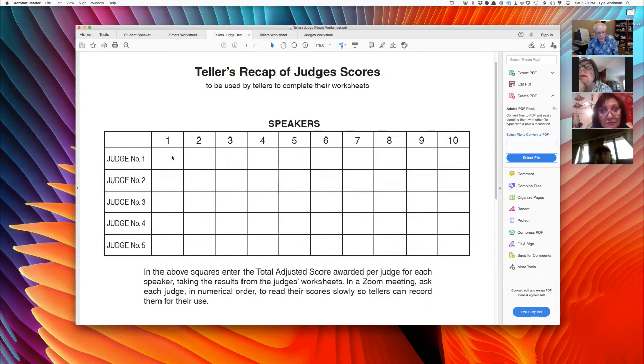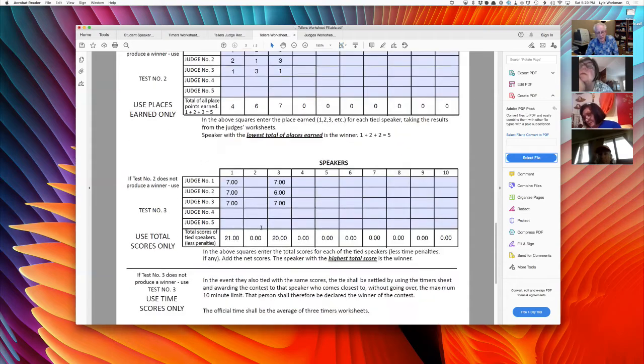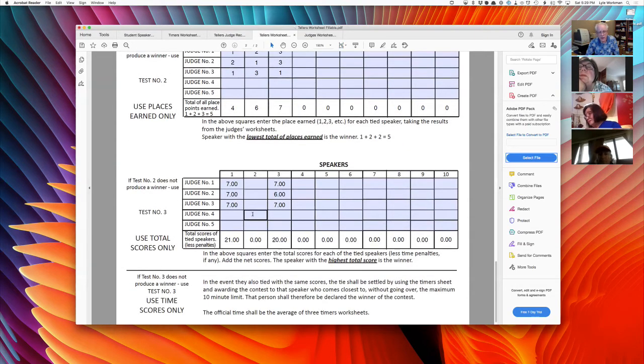So you'd have 100, 90, and 80 from the first judge. Now, if it gets to the third test and speaker number 1 and 3 are tied somehow, there'd be a 100 in here and an 80 in here.